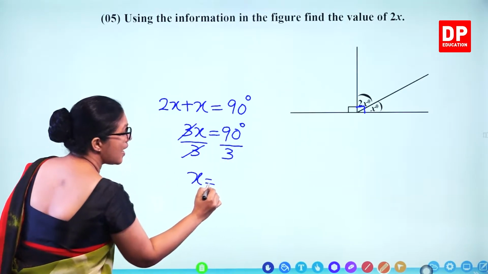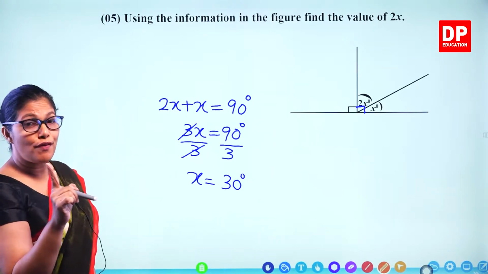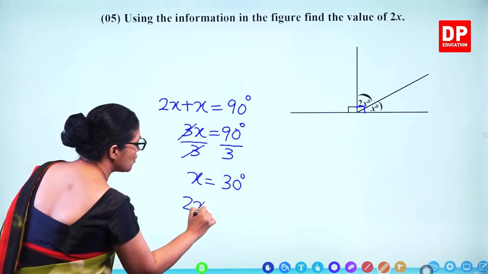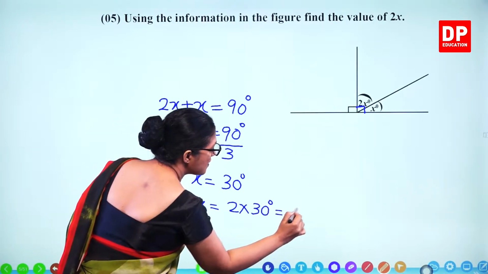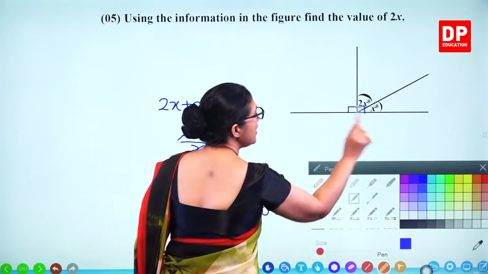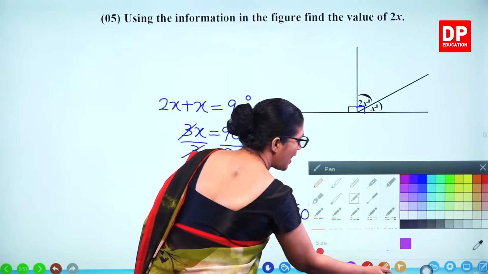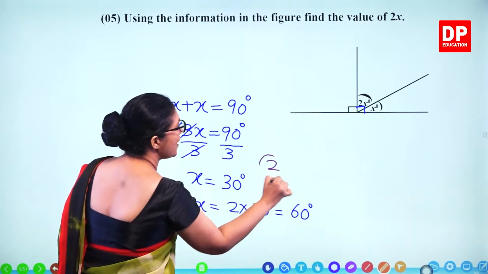X becomes 90 divided by 3. That's 30 degrees. But you need to find out 2x. So what is 2x? 2 times 30. 60 degrees. So we use the property of a straight line. Straight angle is 180. So 2 marks for that.